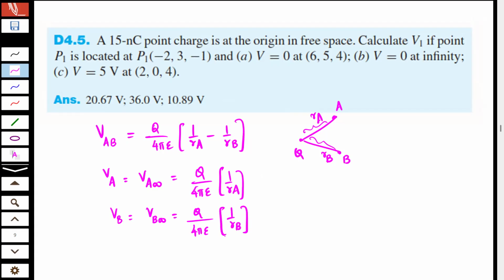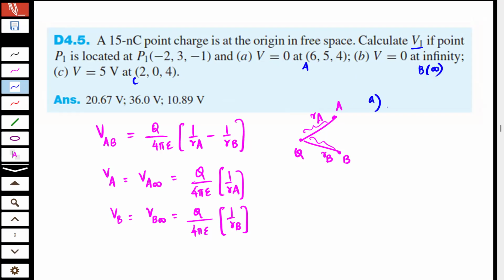Now, we have to find for the first subdivision, calculate V at point 1 if P1 location is given. Now, here, let me consider this coordinate is A of 6, 5, 4 and B of infinity and C of 2, 0, 4. With reference to this, we have to find.